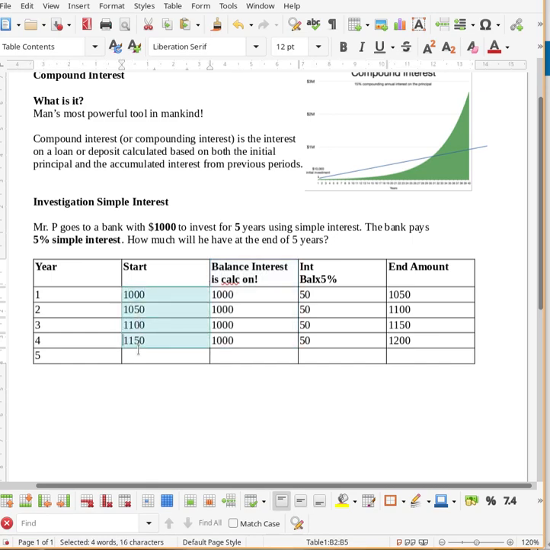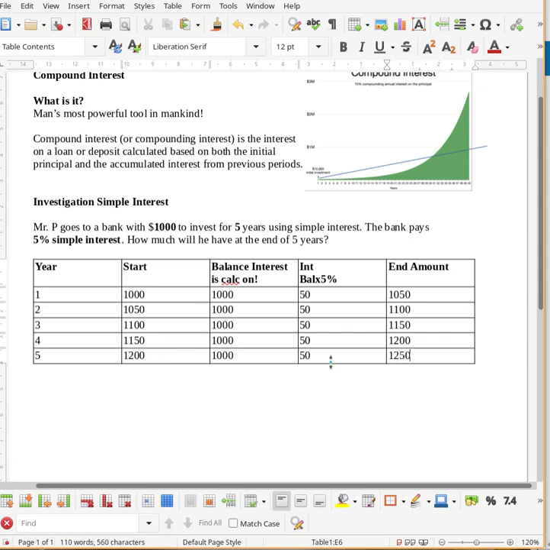Never. So now, on the 5th year, the final year, we start with $1,200. For our balance interest, we're always going to be taking $1,000. That is what simple interest is. And basically we're just going to multiply that by 5%. We get 50, and we end up with $1,250.